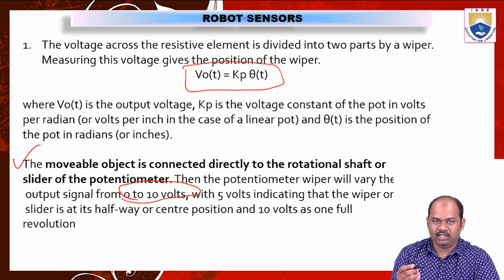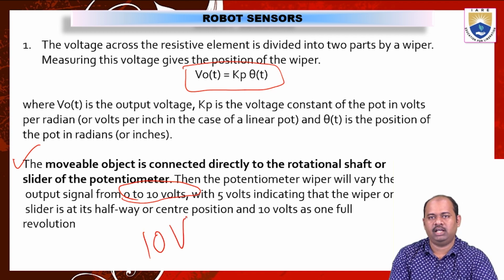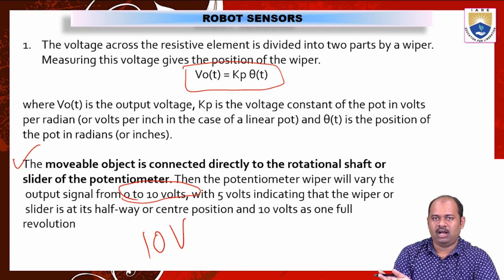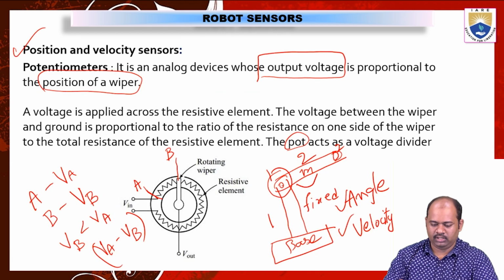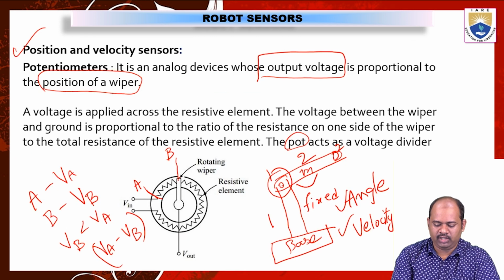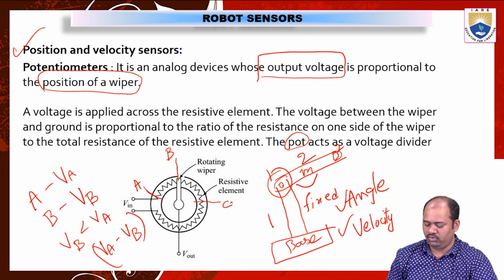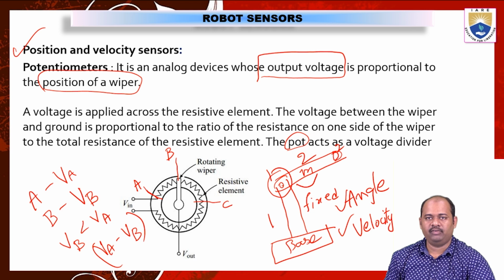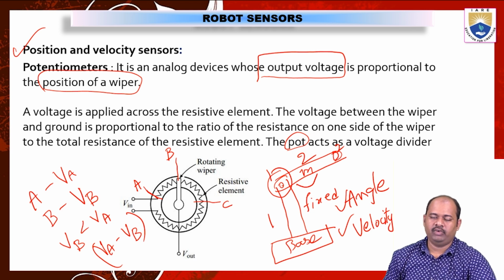If the potentiometer is rated as 10 volts, and the wiper is at the halfway position in the circular pot, here in this diagram, if the wiper is initially at point A and then at this position, point C, then the voltage coming out of the potentiometer will be half of the actual value.